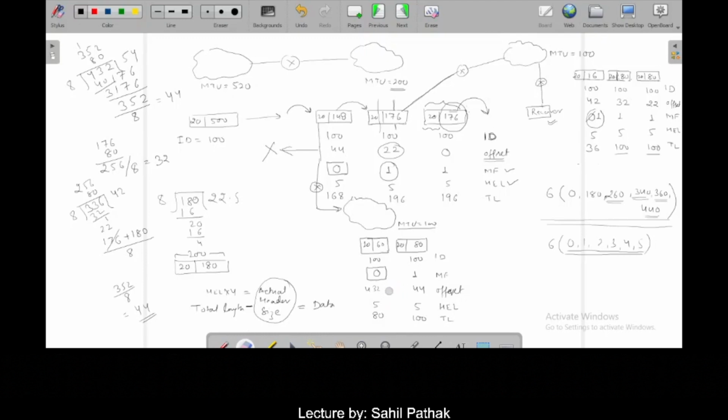So it is coming out to be 54. Now the total length field value here remains 100, and the total size is 148 over here, and out of this 80 bytes can be placed in the first fragment. So how many data bytes are left? That is 68 left.